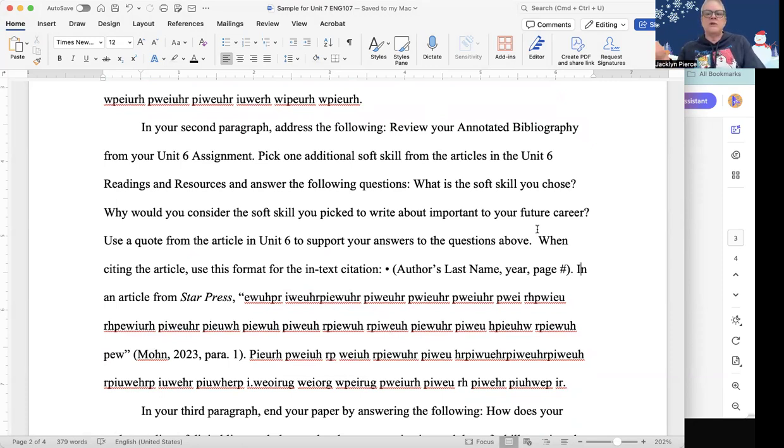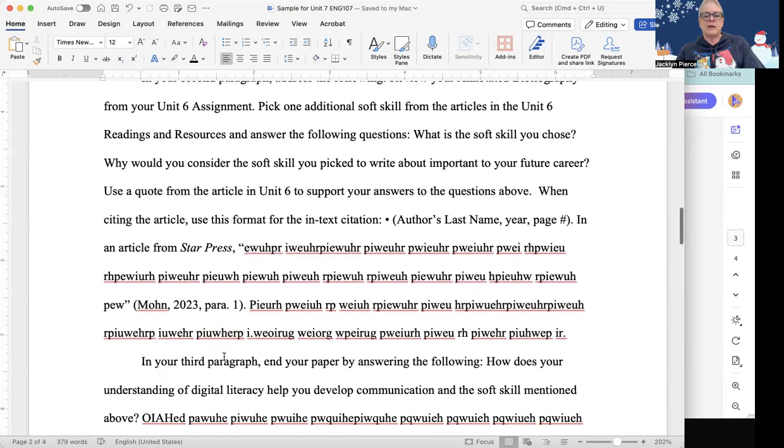We usually use some kind of phrase to introduce the quote, use the quote, and then we have the author, the year, and in this case, it was an online article. So instead of the page number, we have a paragraph number, and you would number it that way. Para, period, sentence, period. Anyway, you can read.